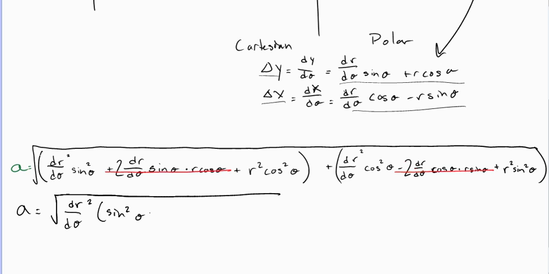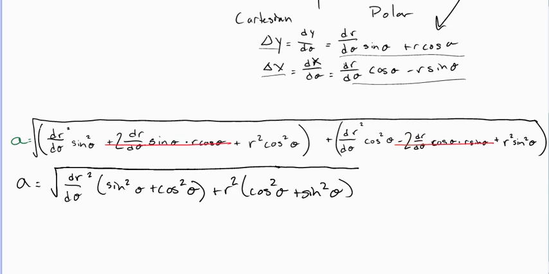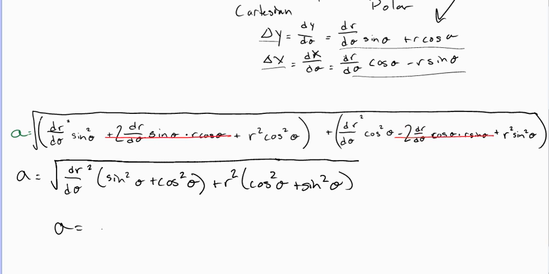Sine squared theta, and since we know that sine squared theta plus cosine squared theta equals 1, then we eventually get this really nice equation, which is the square root of dr d theta squared plus r squared.